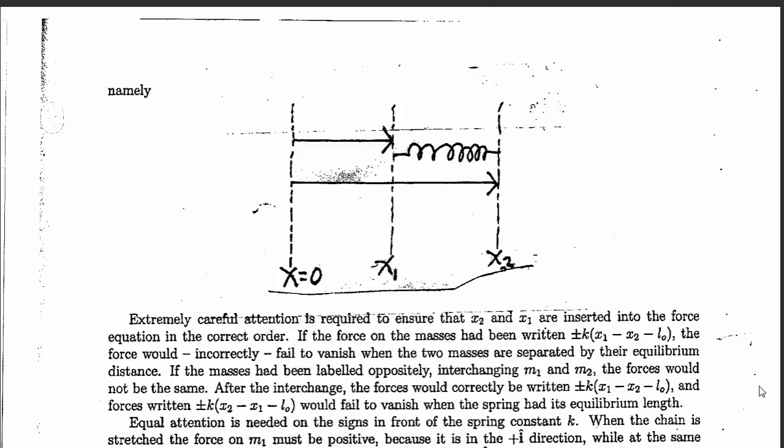Well, if you calculate x1 minus x2 minus L0, x1 minus x2 is a negative number. If you subtract L0 from it, it's an even more negative number. And now you have the interesting feature that if the two masses are separated by L0, the force doesn't go to zero. You actually have to get this right by thinking about what you're doing.